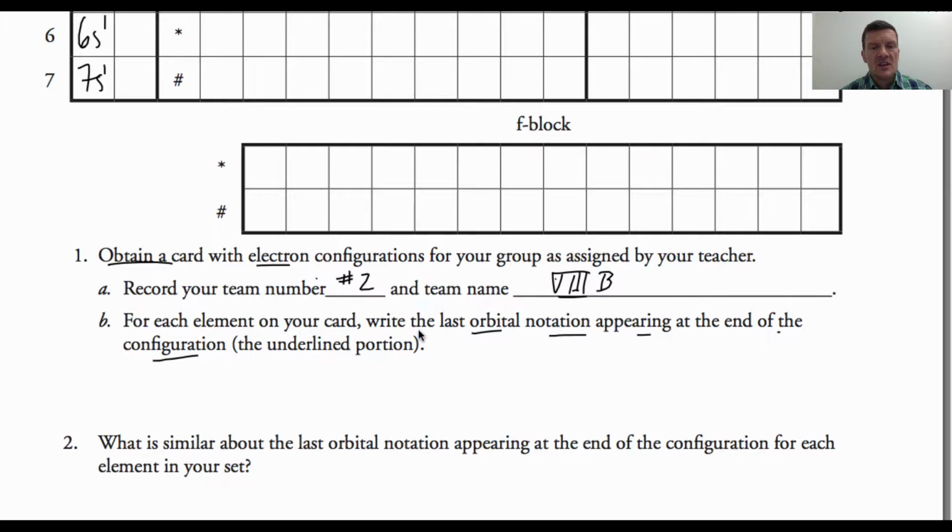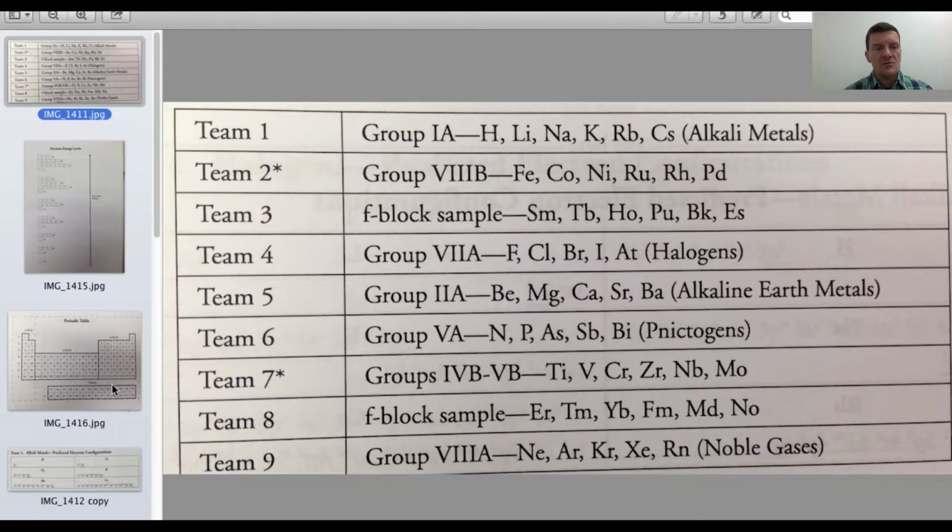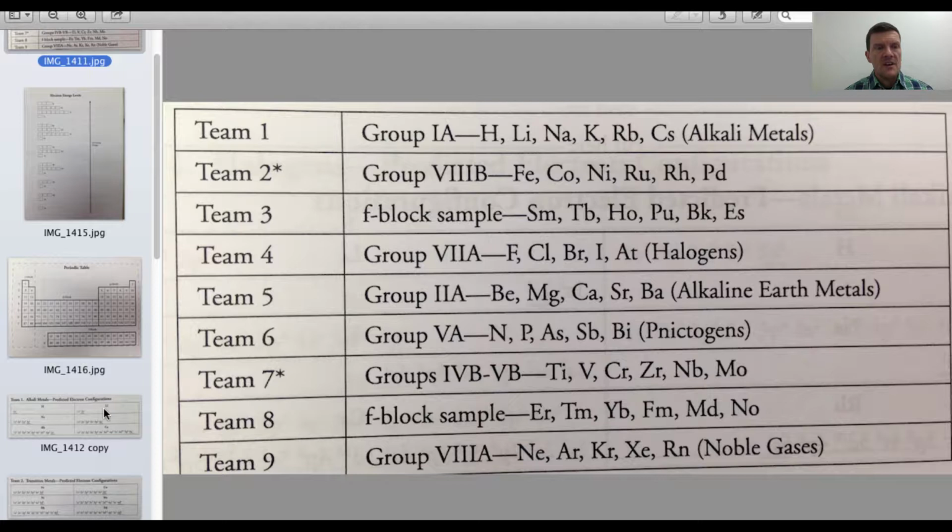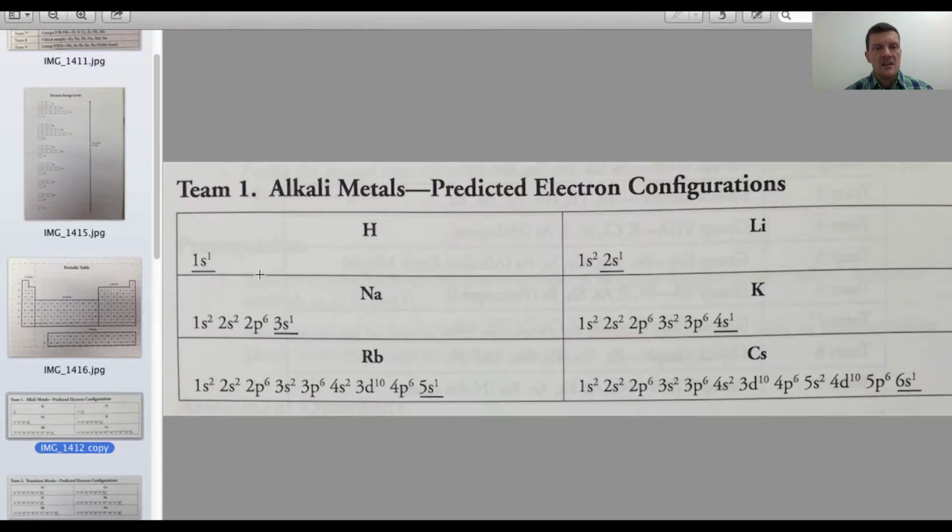What it says here is write the last orbital notation appearing at the end of the configuration, the underlined portion. Again, in the assignment there is a document that shows this. For example, if I did team 1, the alkali metals, I would see the underlined portion is what I'm focusing on. Okay, so that's all in the course for you to look at.